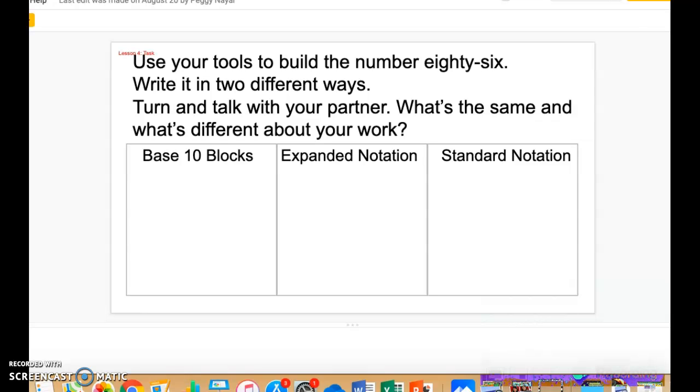So first, write 86. Next, you're going to show this number in 2 different ways. You're going to show this number in expanded notation and with base 10 blocks. I want you to pause the video and then come back so we can go over it together.